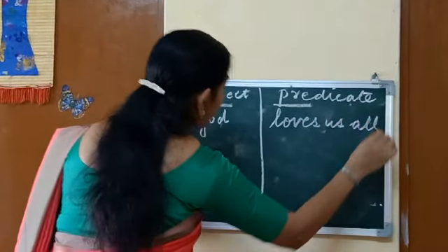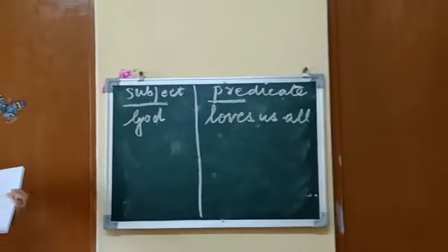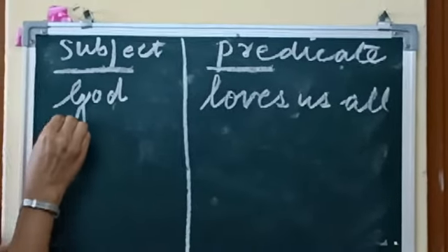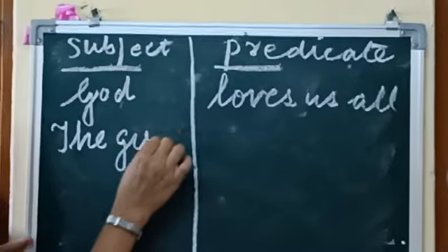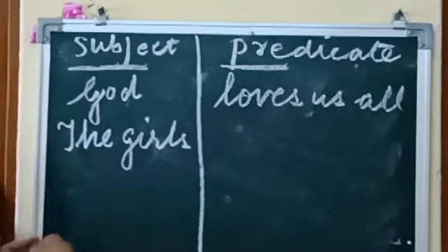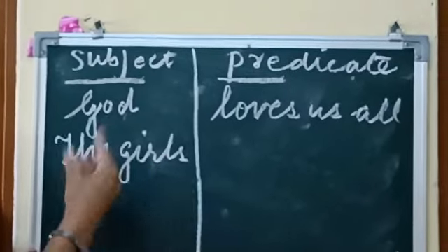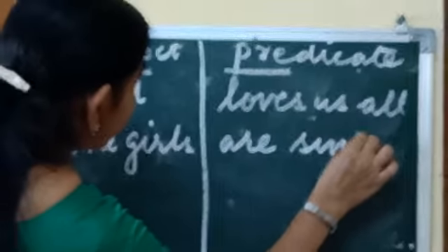And next one, I spoke this sentence already. The girls are singing. The girls is the subject, and we are going to speak about the subject, what they are doing. The girls are singing. Are singing is the predicate.